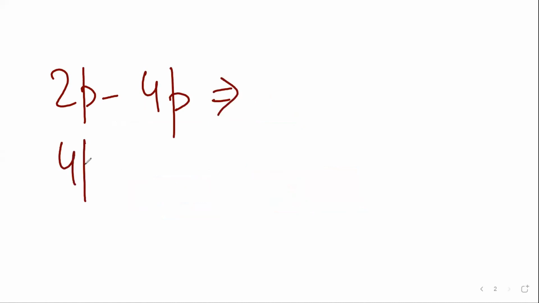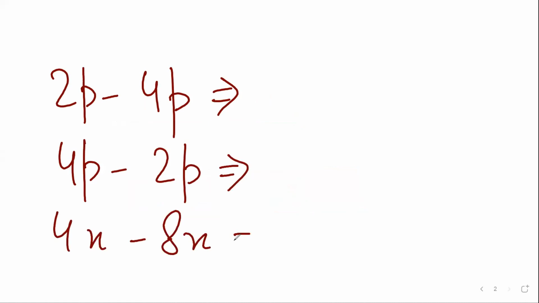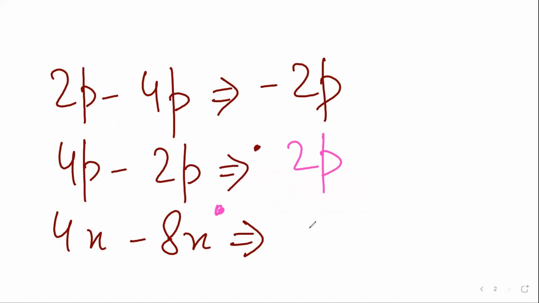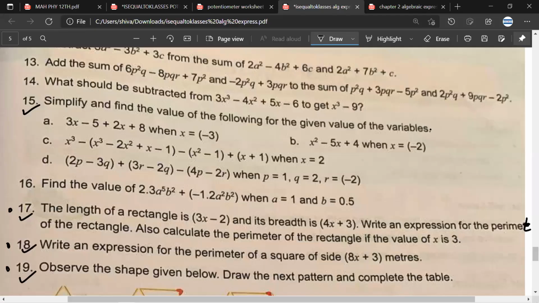Sarthak, what will be the answer? So minus 2p. What will be the answer here? 2p. What will be the answer here? Minus 4x. Mr. Ariman, any doubt? No, sir, I understood. Mr. Satya, any doubt? No, sir.